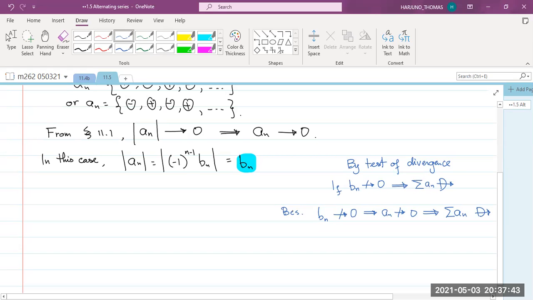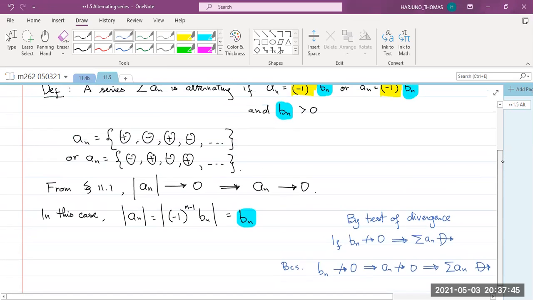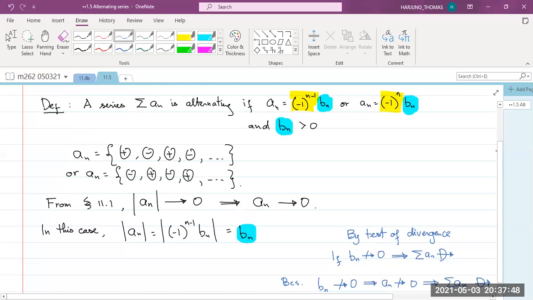Okay, so if you see the positive part of that alternating series already not converging to 0, then of course you need to say a little bit, right? But basically you say, well, by test of divergence, the series as a whole will be divergent. Okay.